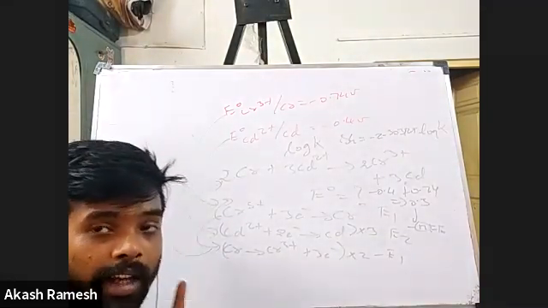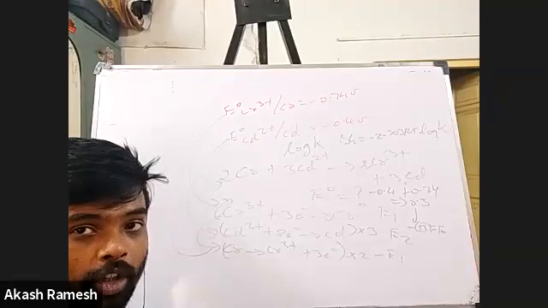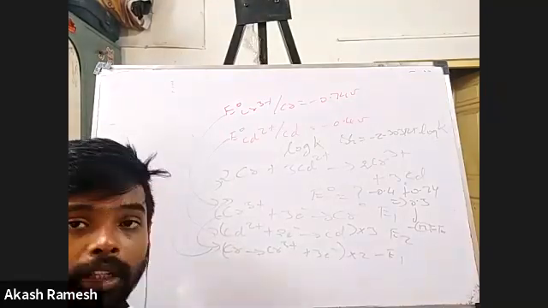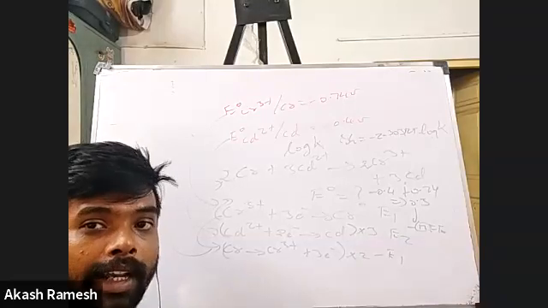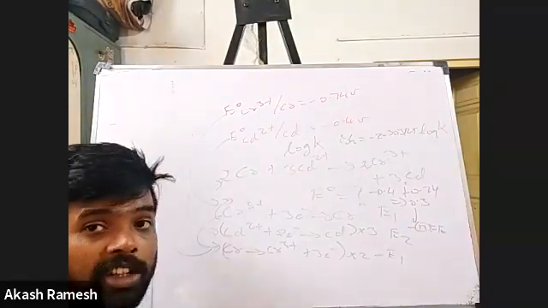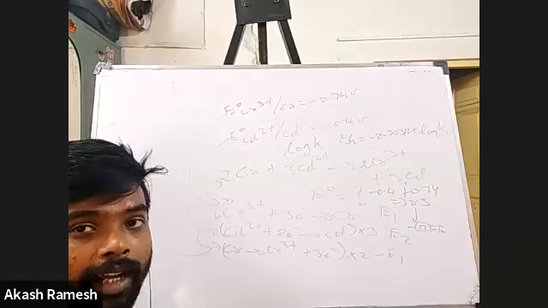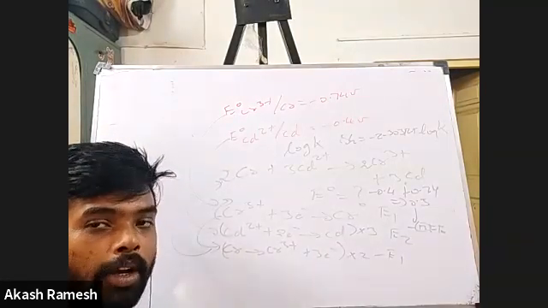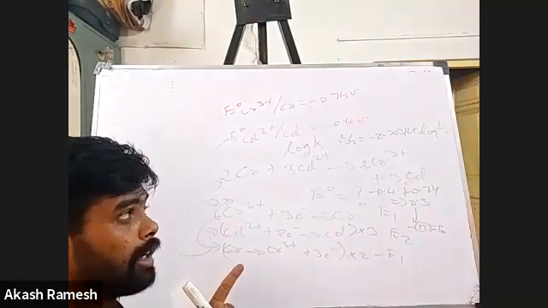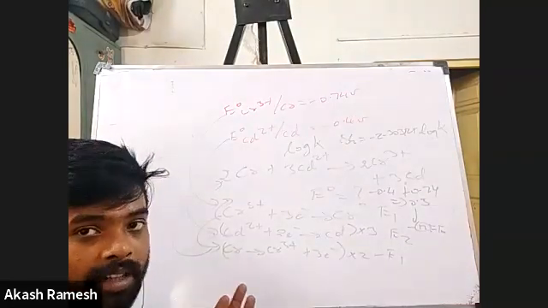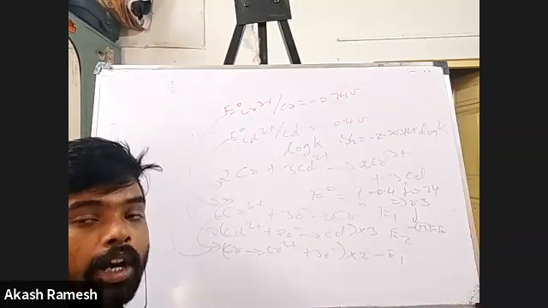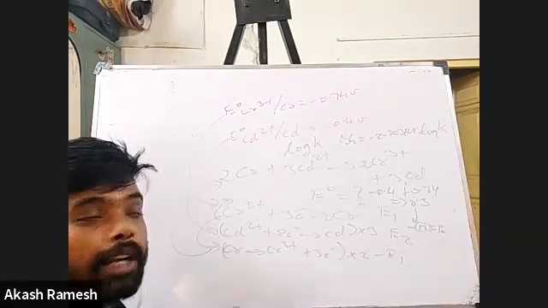Now, please understand, guys, when you need to use R value as 0.0821 and when you have to use it as 8.314. Whenever you are connecting R with delta G or any type of energy, delta H, delta G, you're going to calculate the delta G value in terms of joules because that is the SI unit. And whenever joules come into the picture, you have to use the R value as 8.314.